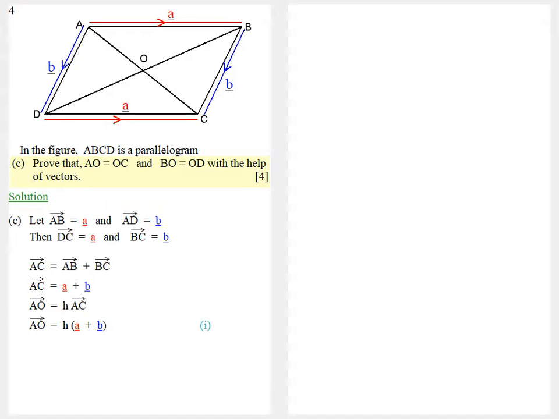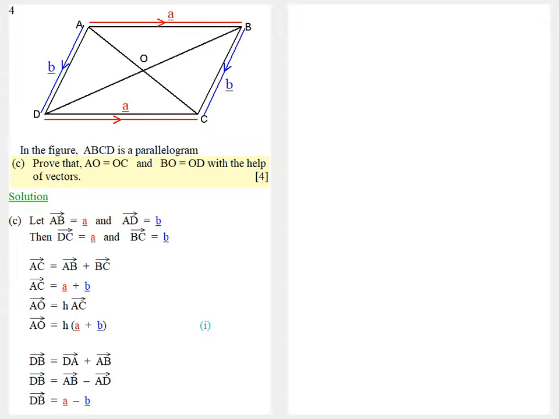Now going from D to B is the same as going from D to A and then A to B. So that means the vector DB equals the vector DA plus the vector AB. But the vector DA is minus the vector AD because they're in opposite directions. And so the vector DB can be written as the vector AB minus the vector AD. So DB can be written as small a minus small b.